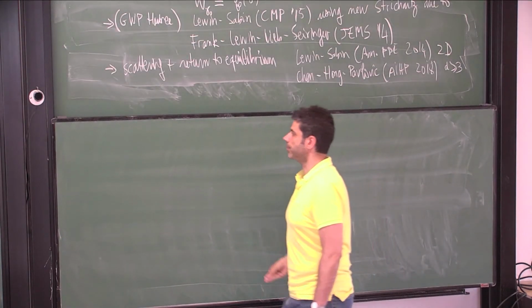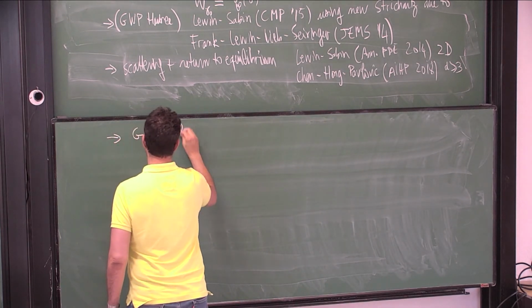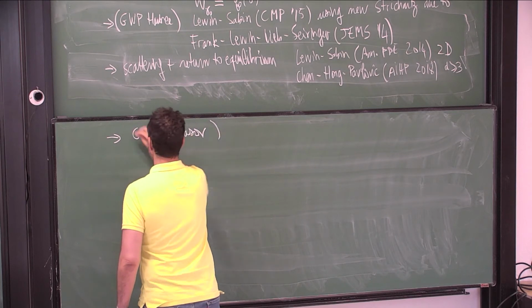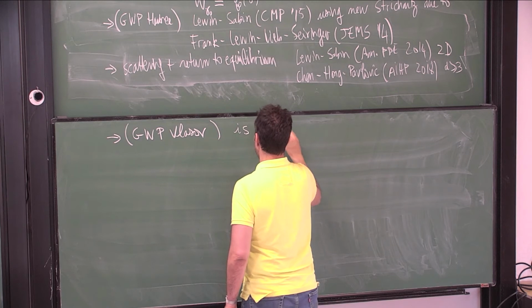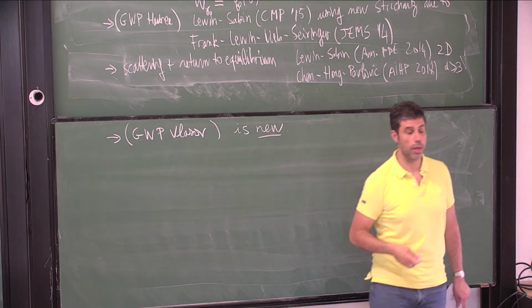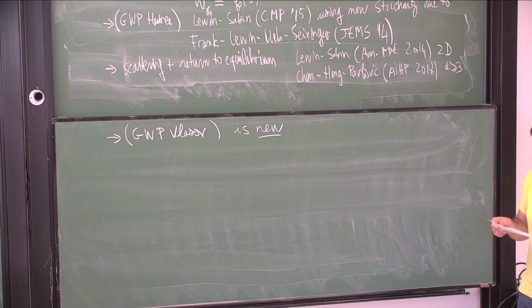Now Vlasov. So the global well-posedness for Vlasov in the energy space, in the relative entropy space, if you like, is new. There are not so many papers on this problem.